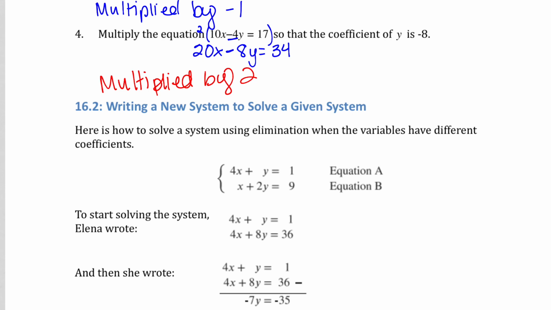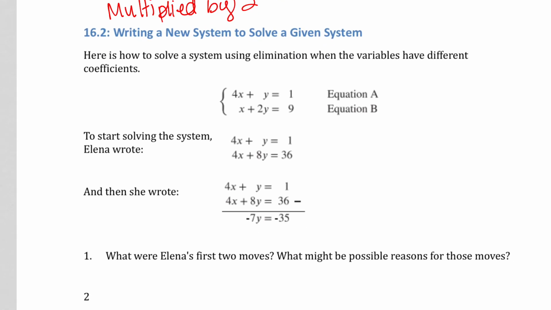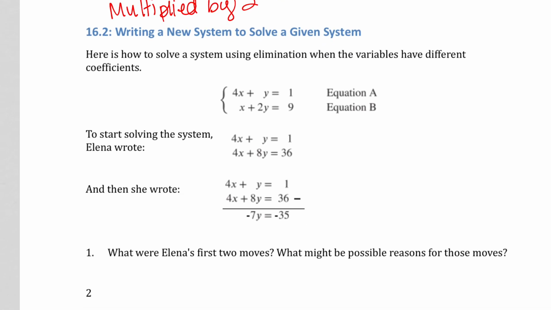All right, now we're going to look at how to solve a system using elimination when the variables have different coefficients. So we have equation A and B. To start solving this system, Elena wrote 4x plus y equals 1 and 4x plus 8y equals 36. How did she get from here to here?